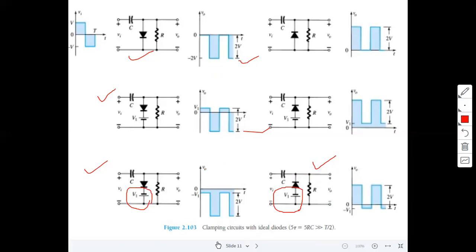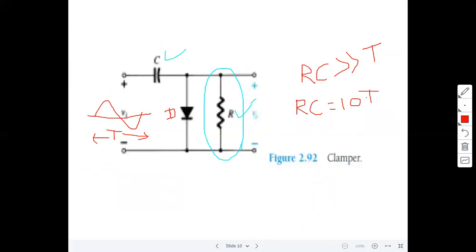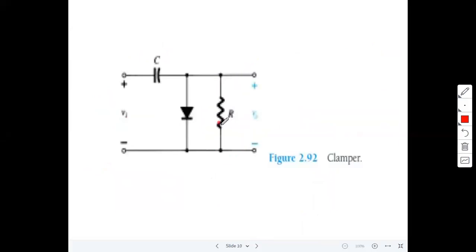One more important point: what is the use of the resistor in some applications? Suppose this is the input signal, and suddenly the input amplitude changes like this.